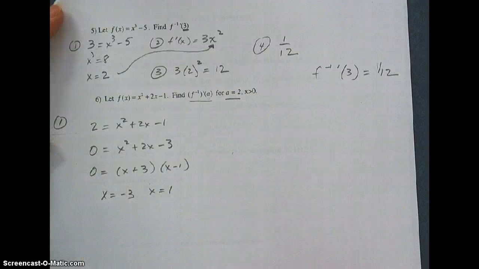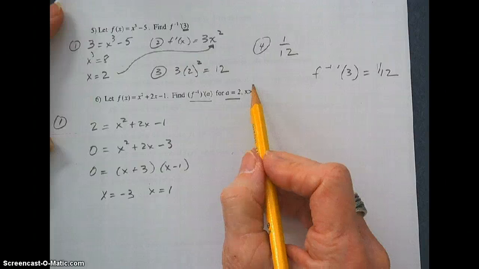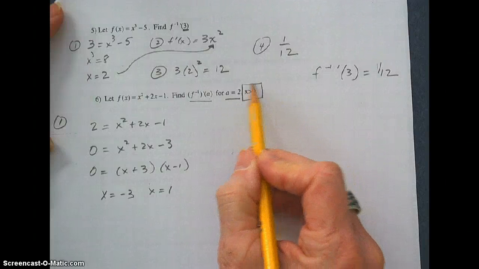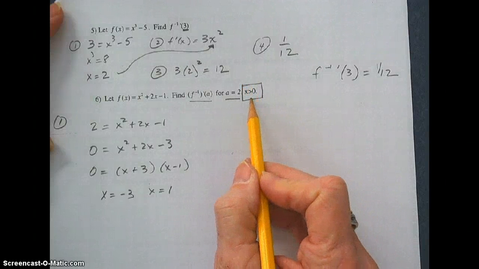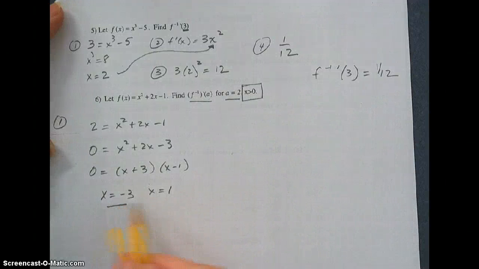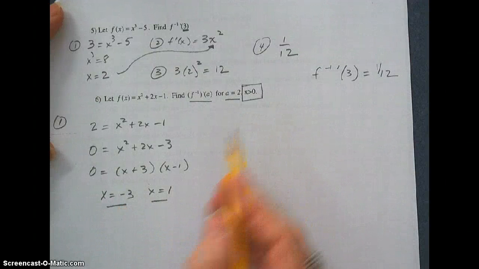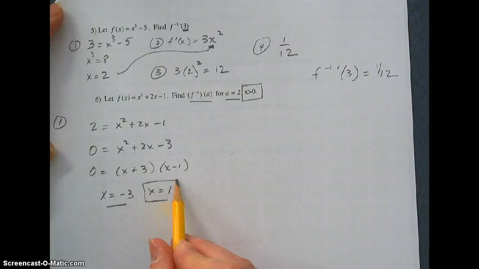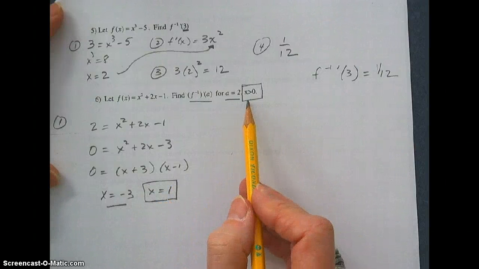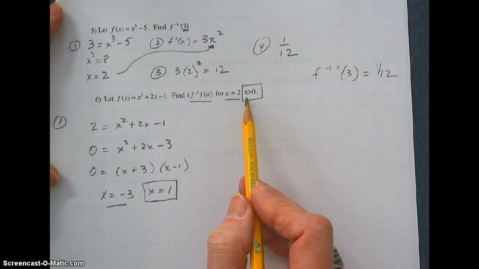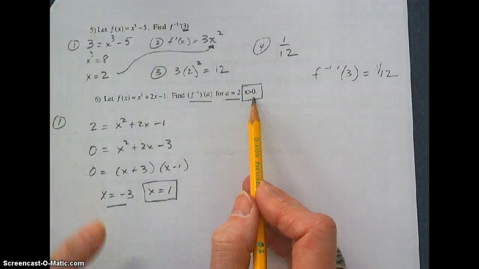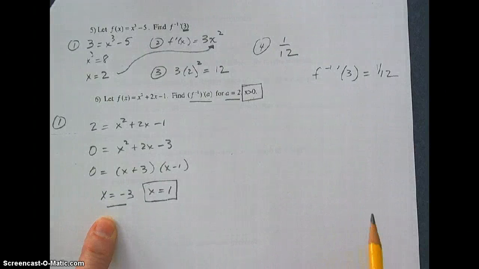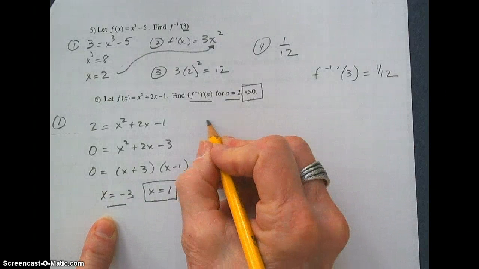Now let's continue reading. It says to find that for the solution where x is greater than 0. Which one of these solutions has x greater than 0? That would be this solution, 1. Sometimes we'll just have to continue reading. If it were the opposite, x less than 0, then we would choose -3 as our answer to go to step 2.